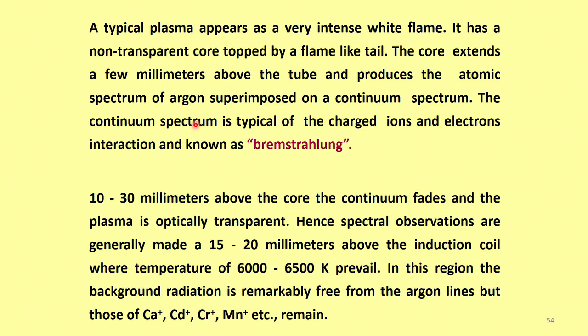If our sample is introduced as an aerosol, the argon also gives out emission lines and the sample also gives out emission lines. Water vapor is there. So, hydrogen and oxygen and several other things also decompose around 10,000 degrees Kelvin, so they also emit radiations.